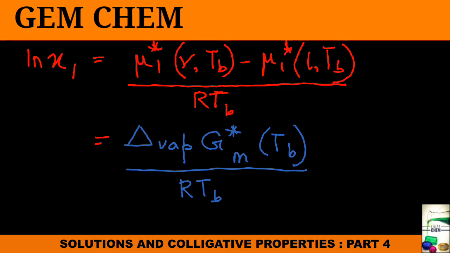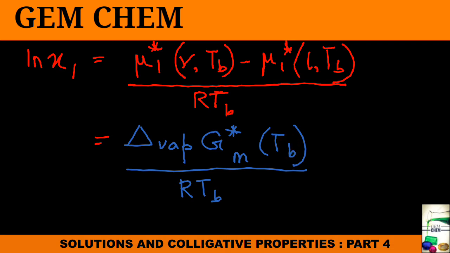That is, the difference between the chemical potentials can be represented by the Gibbs free energy change at Tb for pure solvent. It can also be written as Gibbs free energy for vaporization per mole for pure solvent at Tb Kelvin.